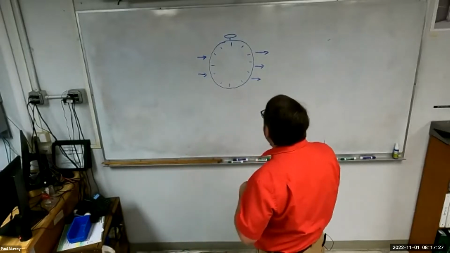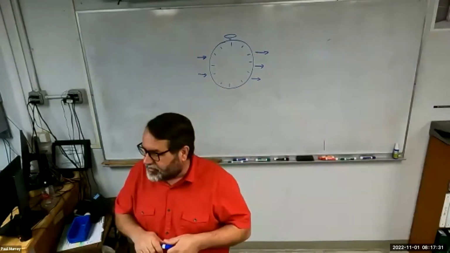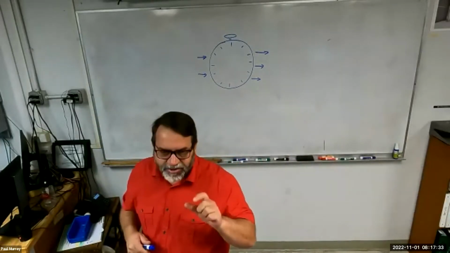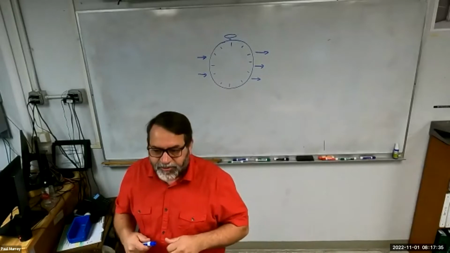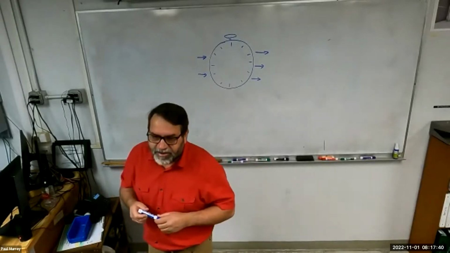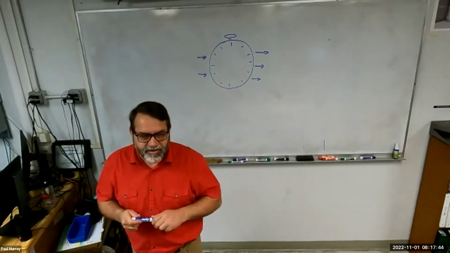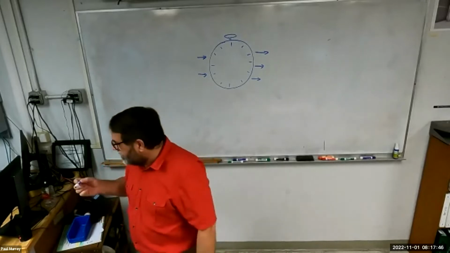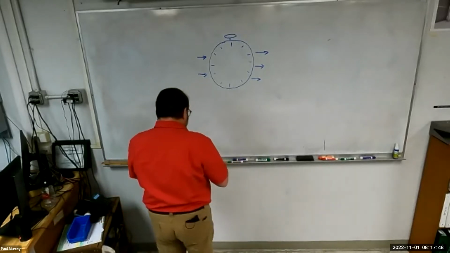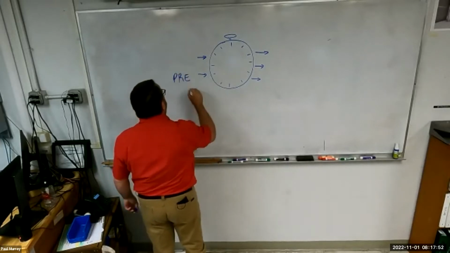Okay, I want to talk a little bit about timers and then a little bit about some new instructions that we might use. So for timers, what are the two things that we tell a timer? The preset and reset. What else do we tell it?